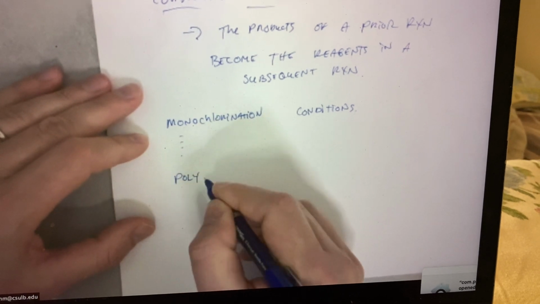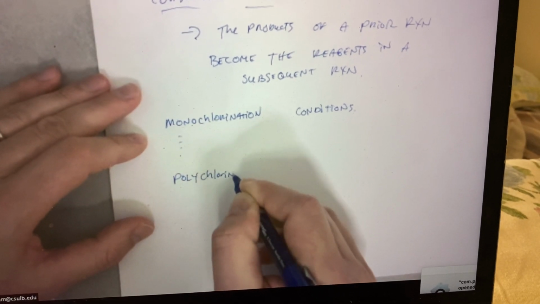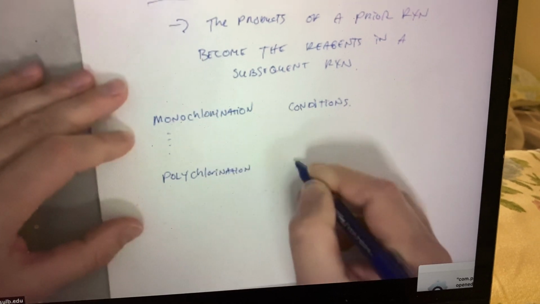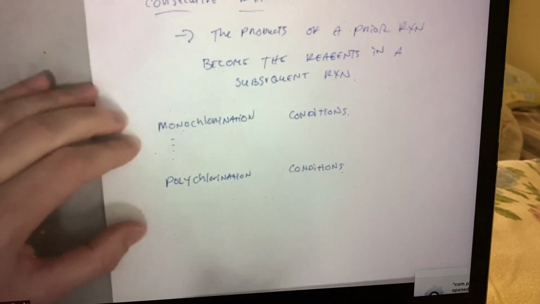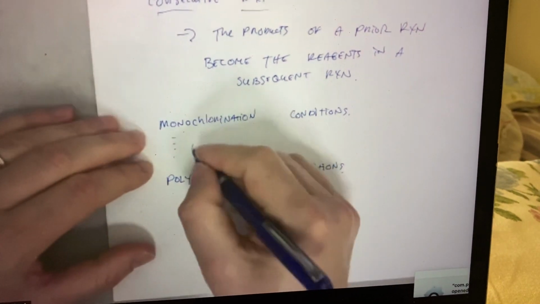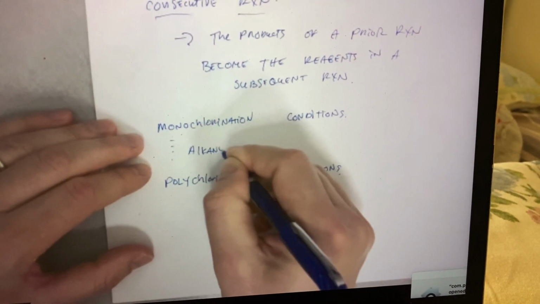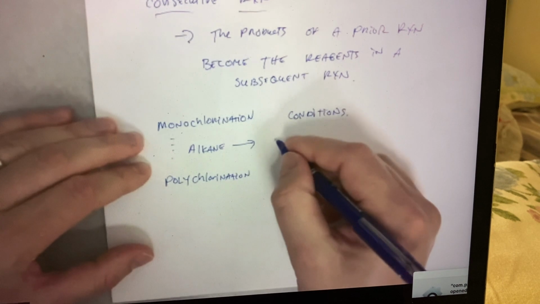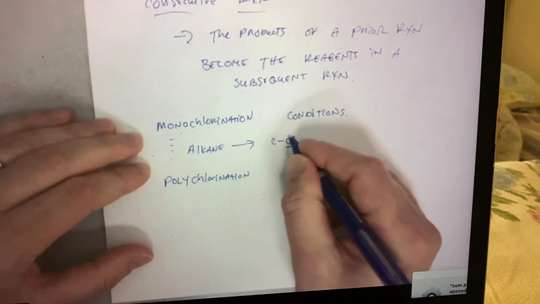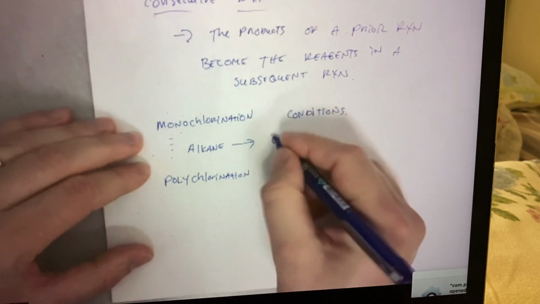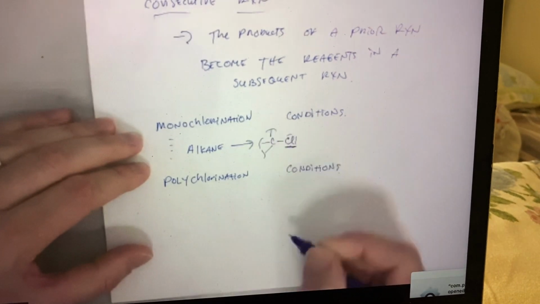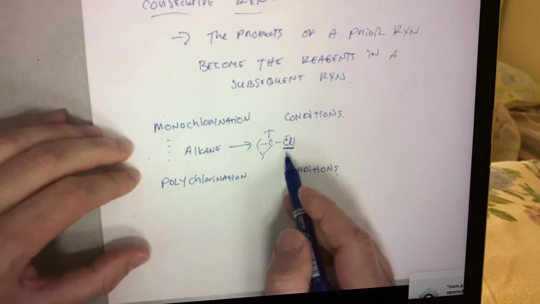Polychlorination conditions. Monochlorination conditions would be where we have an alkane and we go to some sort of single chlorine attached to it. Okay. So if we put one chlorine on.